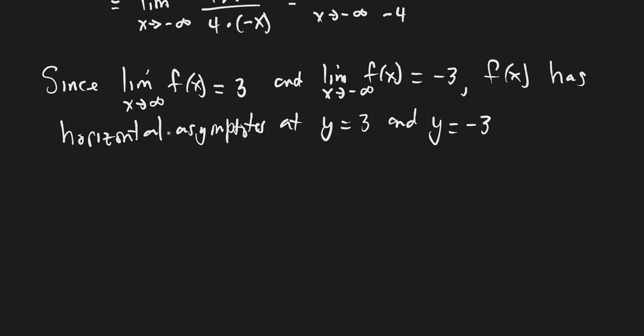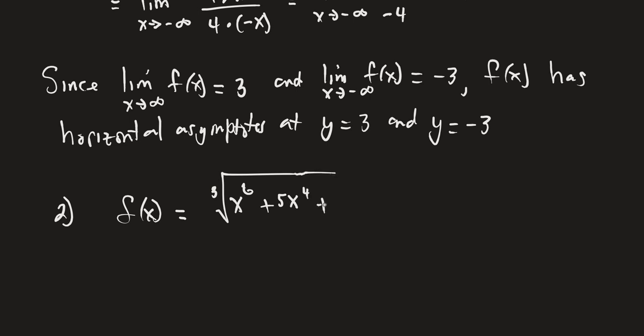I won't make this one too complicated, but let's say, number 2, the function is now the cube root of x to the 6th plus 5x to the 4th plus 1 over 3x squared plus 9x plus 1.